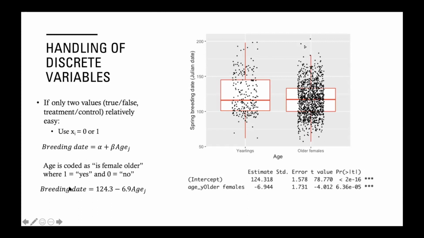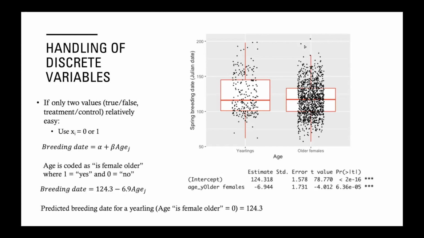Here we have our regression equation then, where breeding date is equal to 124.3 minus 6.9 times the age category, which we interpret to be a question: is the female older?